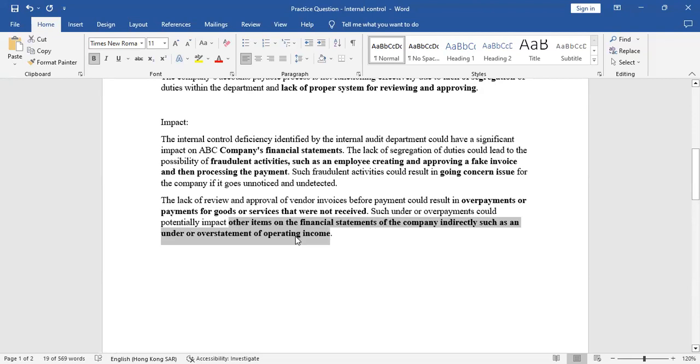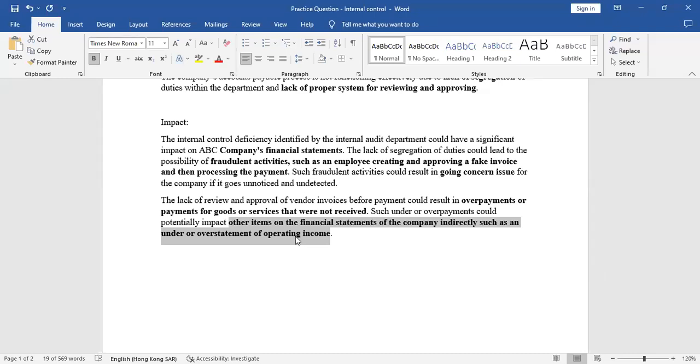Because this is also going to impact cost of sales, inventory amounts, purchasing amounts, and many more items in the financial statements, which will impact either the inventory valuation in the balance sheet or operating income in the statement of financial position. Again, this results in financial statements which are not free from material misstatements.